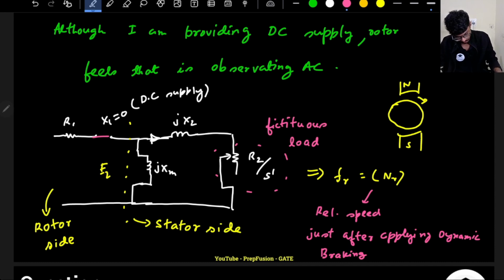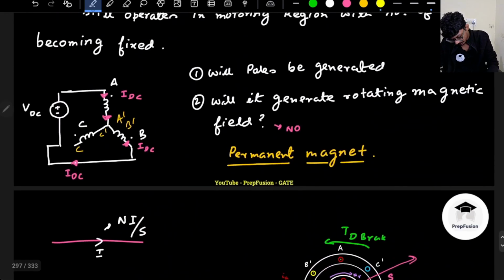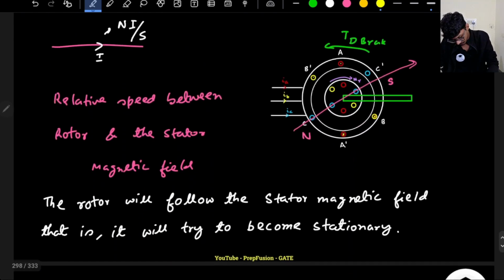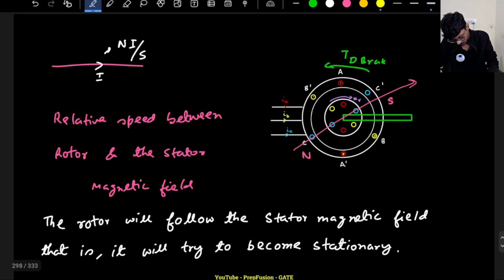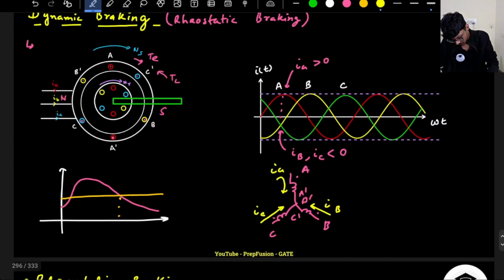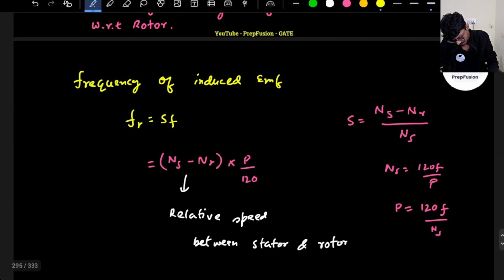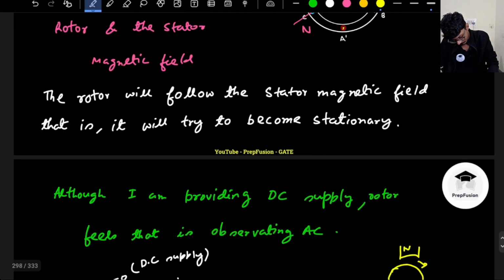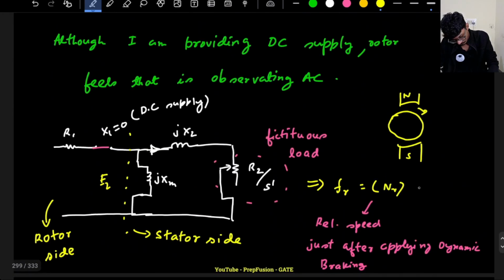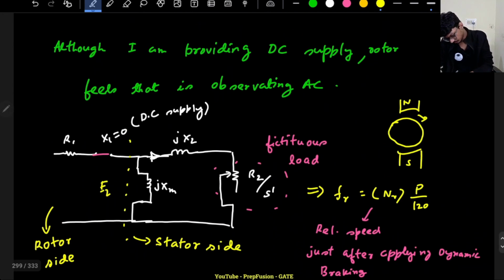Okay, so NR into P by 120. What was the number? I forgot. Yeah, P by 120.